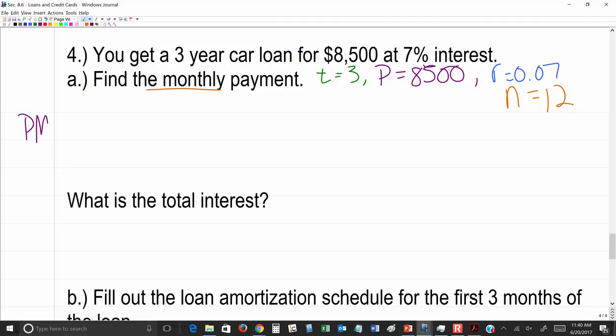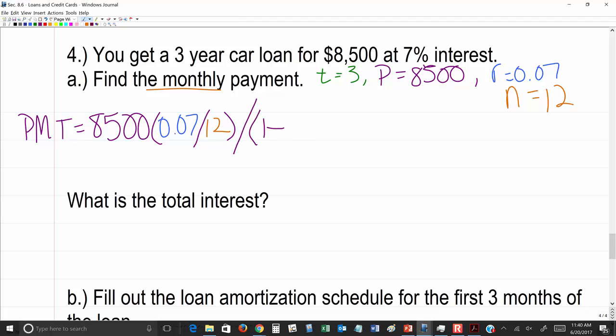So payment equals 8,500 times 0.07 over 12, over one minus, one plus 0.07 over 12, to the power of negative 12 times 3. 3 years, you said?